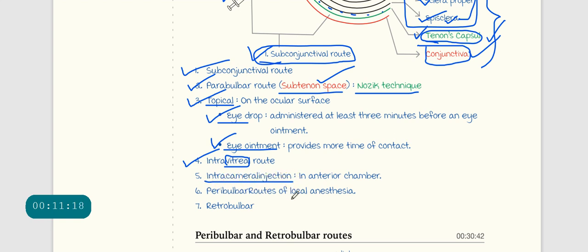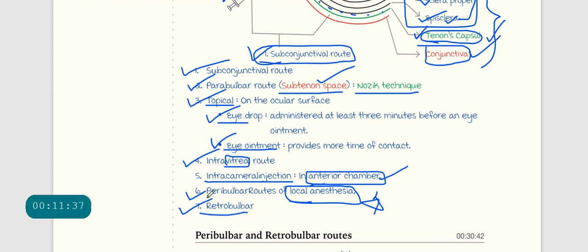The next comes is parabulbar route, which we studied, and it is used for local anesthesia. Very important. The next comes is retrobulbar. So parabulbar route and retrobulbar route. Let us see a brief about this retrobulbar and parabulbar route.